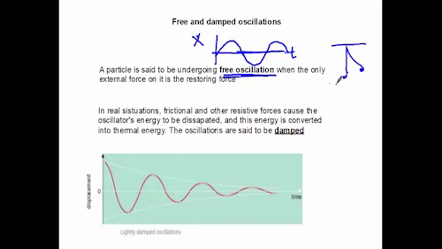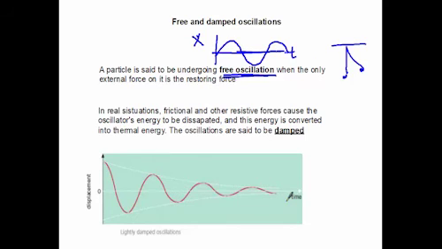Like what will happen here if a child is swinging, with no external force, after a while it will come to a stop. But it's very important to know that the frequency is constant here. It is a characteristic of the body vibrating in simple harmonic motion, or even here for a damped motion. But the amplitude will decrease.